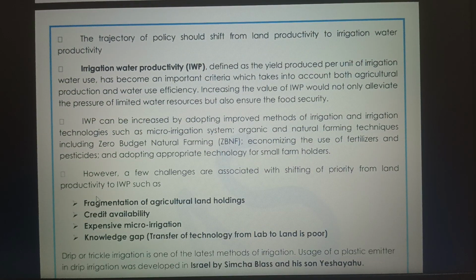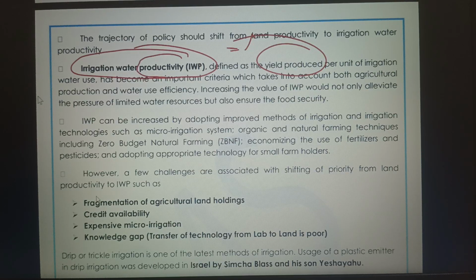So IWP is defined as yield produced per unit of irrigation water use, and has become an important criterion which takes into account both agricultural production and water use efficiency. So this is a new concept that is being utilized nowadays: yield produced per unit of irrigation water use. How much water you are putting in and how much produce is coming from that field, right, that only we study in irrigation water productivity.